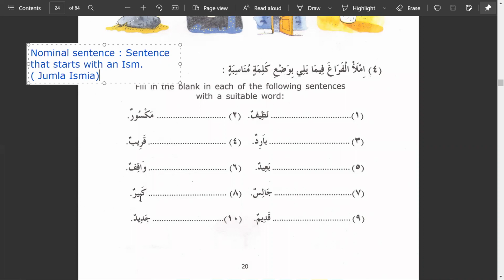Kabirun means big. Qamisun could be big. Qadimun, old. Water or laban? What about al-baitu qadimun?